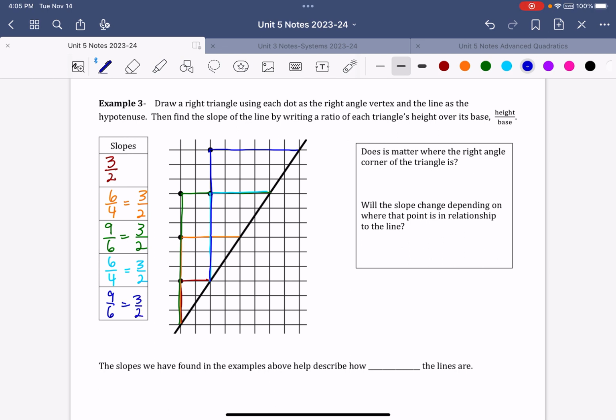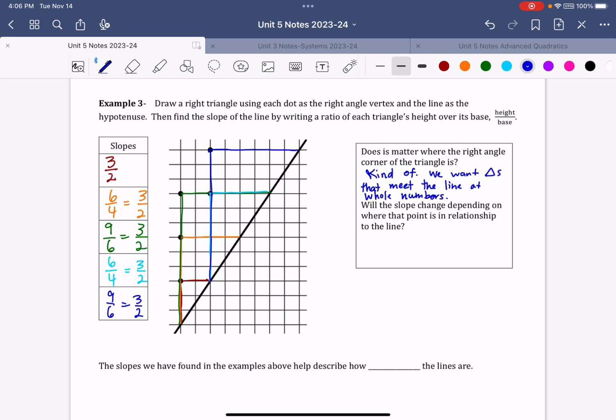So again, does it matter where the right angle corner of the triangle is? Kind of. We want triangles that meet the line at whole numbers.